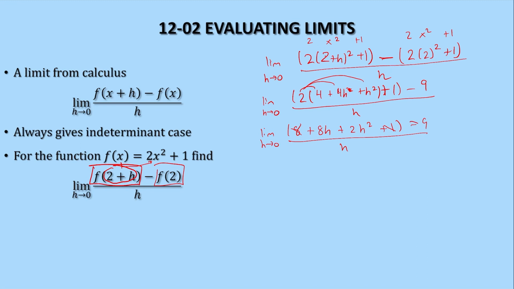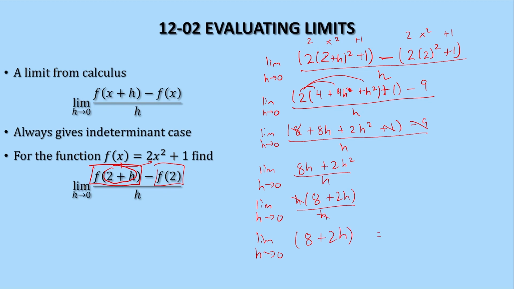Okay, the 8 and 1 cancels with the 9. On the top, they both have an h, so we could factor out the h on the top. And then that'll cancel with the h on the bottom. And now we could plug in our 0 and evaluate the limits. It'll be 8 plus 2 times 0, which is 8. So that limit comes out to be 8.